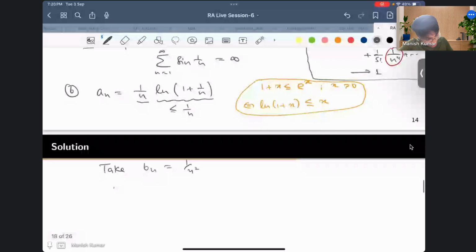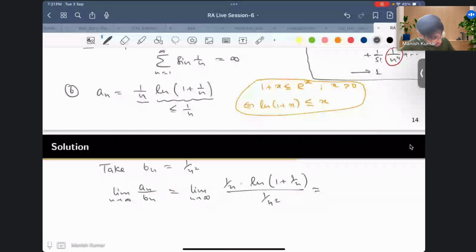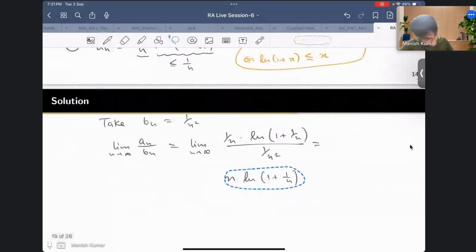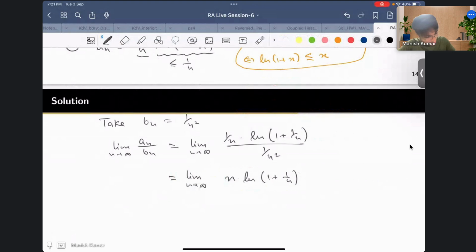This is 1/n, this is log(1 + 1/n), and you have 1/n squared. So clearly this is n times ln(1 + 1/n), the limit as n goes to infinity. Now you can check that this limit is equal to 1.